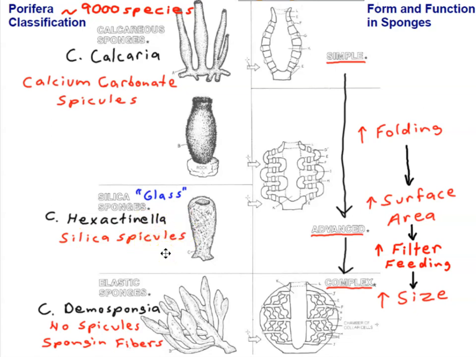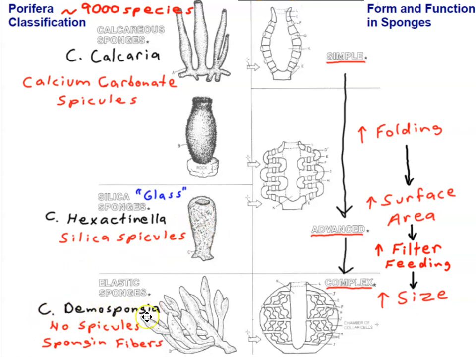And you may already know that we use sand to make glass. We actually melt down sand to make glass. And so these sponges that make their spicules out of silica really are made of glass. They are glass sponges. And they're very delicate and beautiful too. They're used in Japan like decorations on the bride during Japanese weddings.